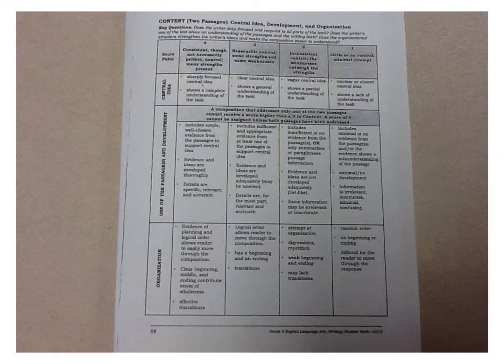Okay, so the first part of this rubric we're really going to look at is right here, the central idea. Really important as we go through and look at the content right here, we go back to what will get you a 4, what will get you a 3, a 2, and a 1.